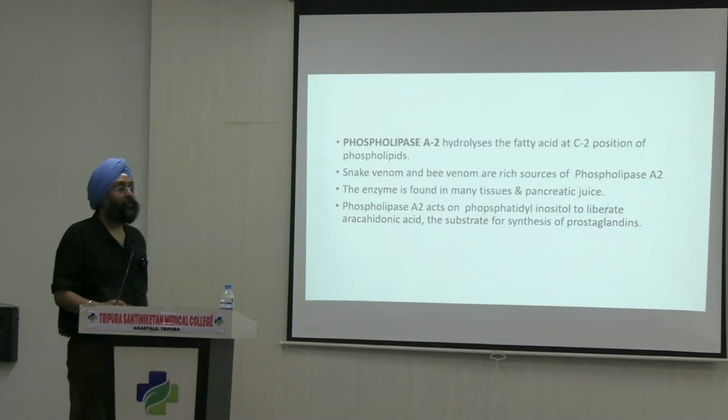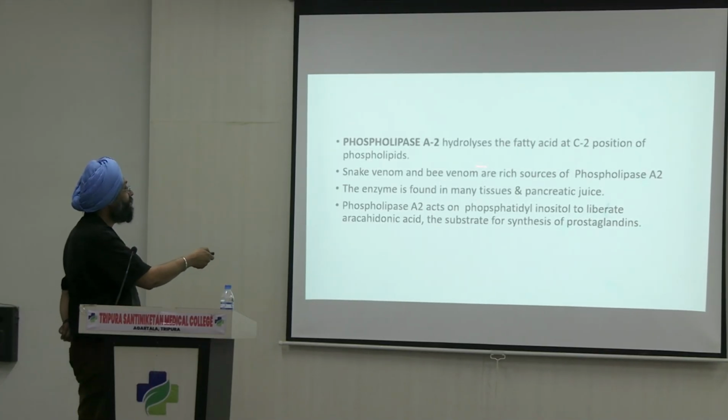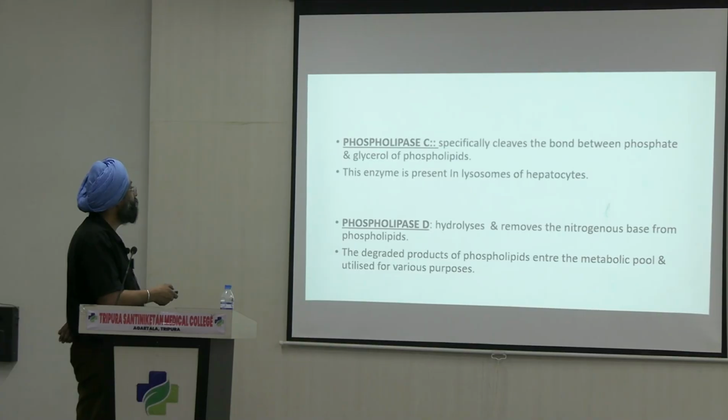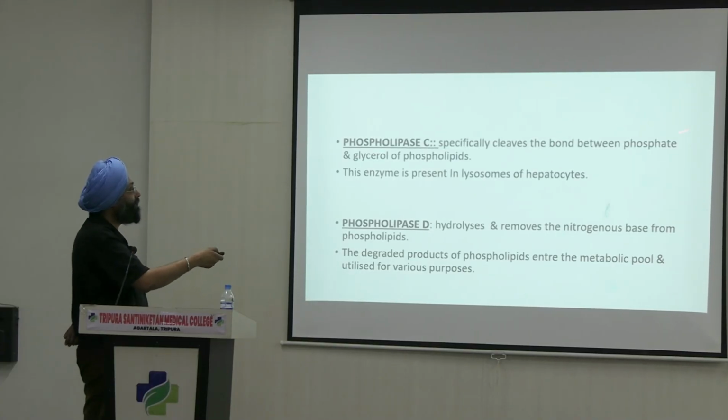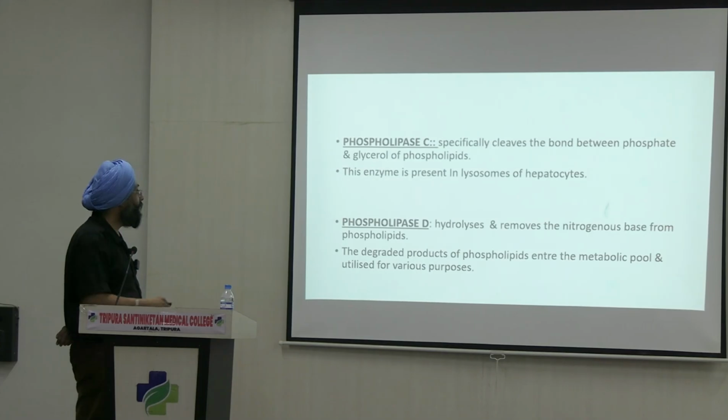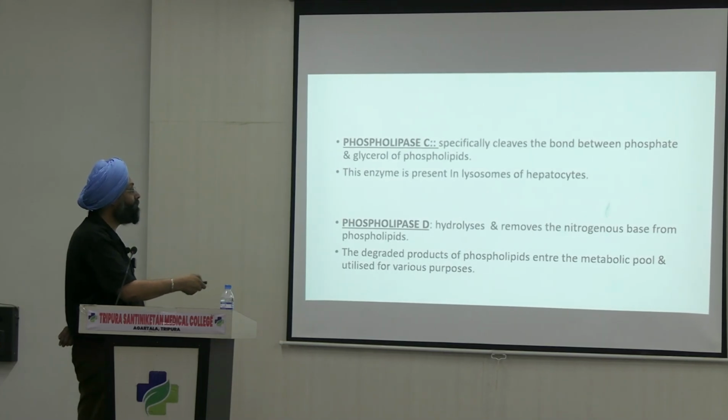And A2 is present in which substance? It is present in snake venom and bee venom. They are highly rich sources of phospholipase A2, right? And C cleaves the bond between phosphate and glycerol of phospholipids. And D hydrolyzes the nitrogenous base.